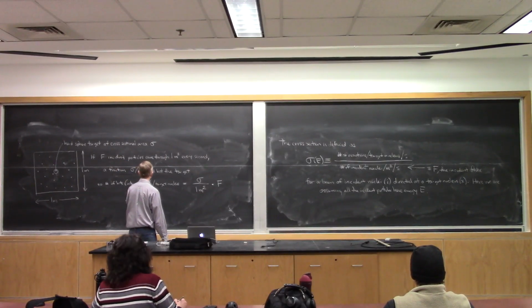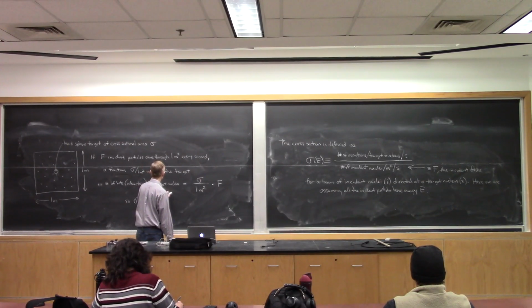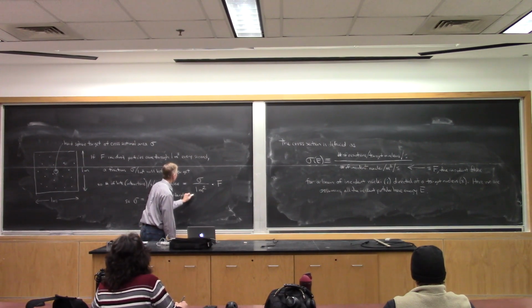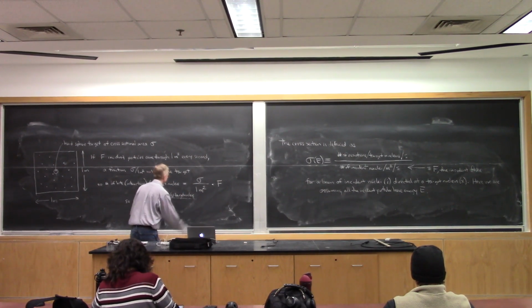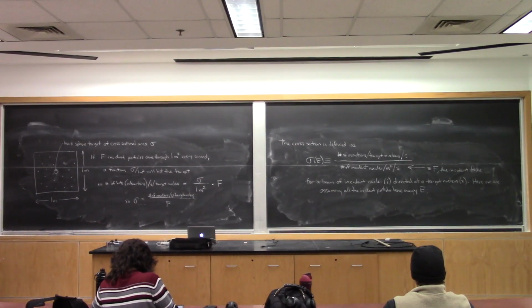So that's why sigma is defined the way it is. Number of reactions per second per target nucleus over F should be equal to sigma. So that's why we define sigma like that.